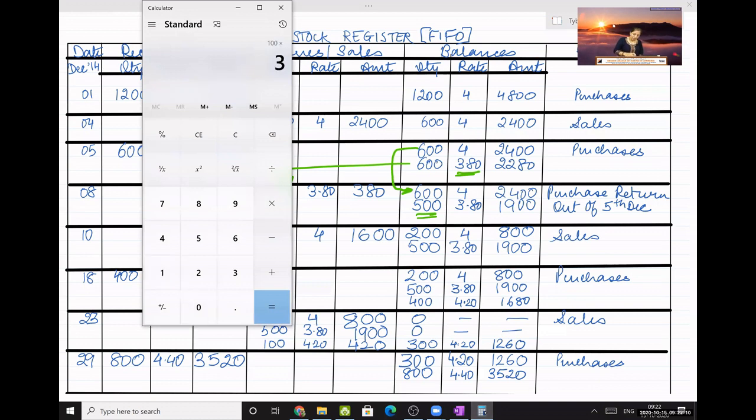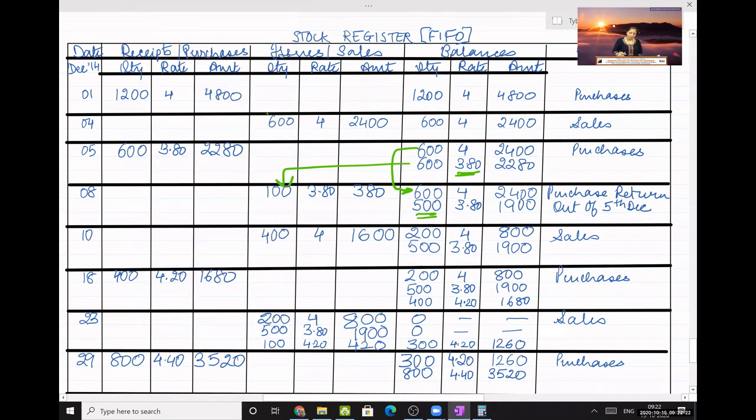So 100 into 3.8 is 380, and 500 into 3.8 is 1900. Okay, clear? Acknowledge it in the chat box.